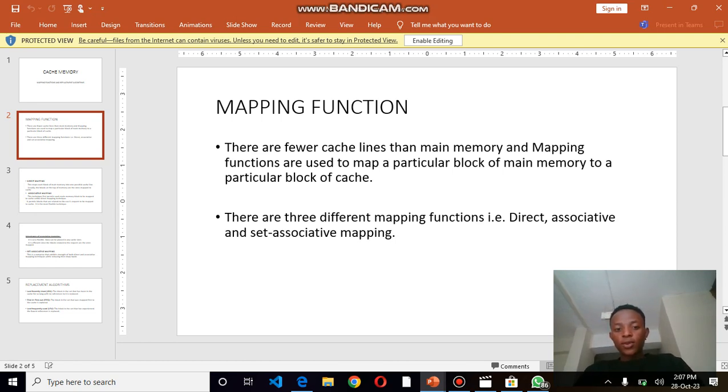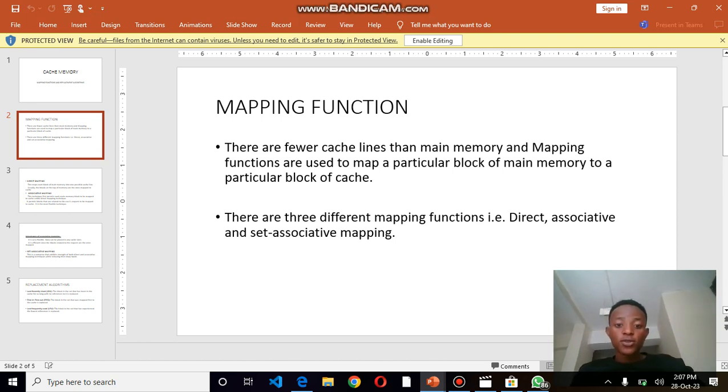Due to this, there must be algorithms or functions to map data from main memory to the cache memory. Main memory is split into blocks, and cache memory is also split into blocks, but there are fewer cache lines than main memory blocks.